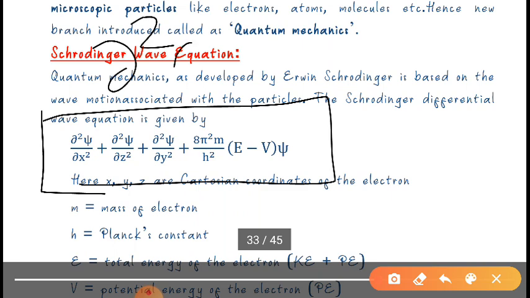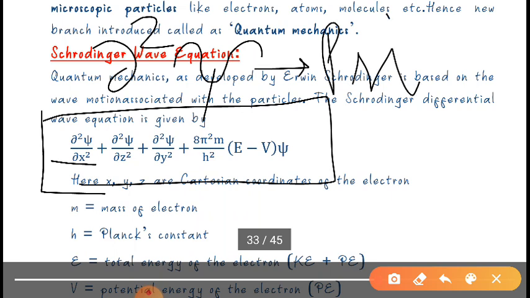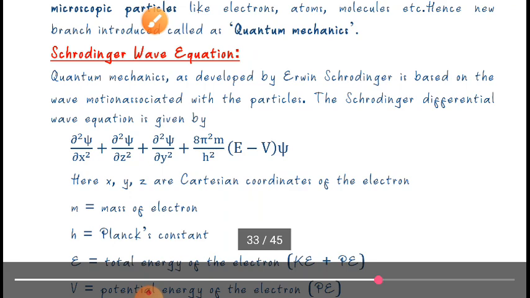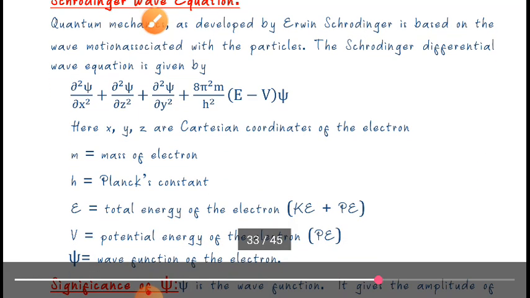As you can see, d2 psi by dx square plus d2 psi by dy square plus d2 psi by dz square plus 8 pi square m by h square, E minus V, psi. So this is the simple equation through which he described the wave mechanical model of the atom.